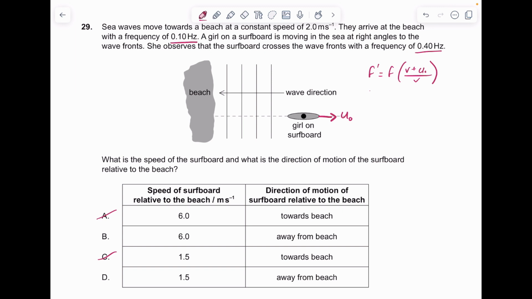We can put some numbers in. Observed frequency is 0.4, emitted is 0.1, speed of the wave is 2, and we want the speed of the surfboard. Rearranging that, it's 4 equals (2 plus speed of the observer) over 2. So that's 4 times 2 is 8, minus 2 is 6, our speed of the observer. So the answer is B.